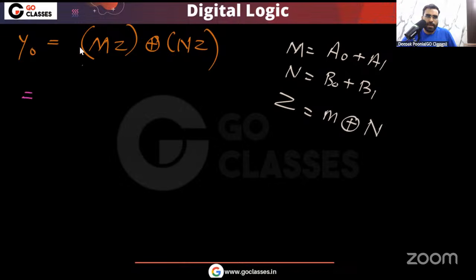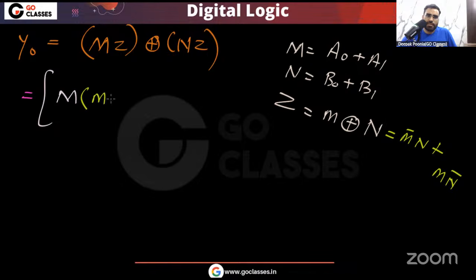We got mz. First, let's see this. What is this mz? It will be m, and this z I can write as m bar n or mn bar. Okay, so we can write this.